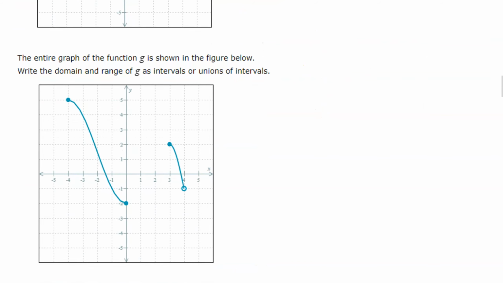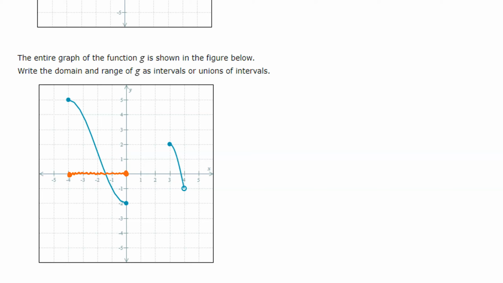So I've got one more here, and again, I encourage you to pause the video and see if you get the same thing as me. I'm going to give just a little bit less explanation. My first piece starts at -4 and goes to the right until it stops at 0.